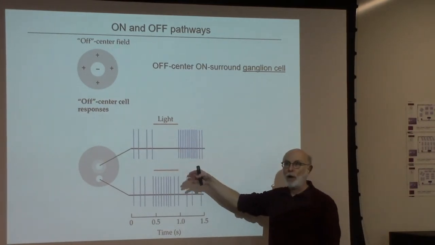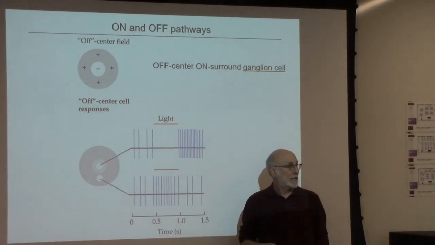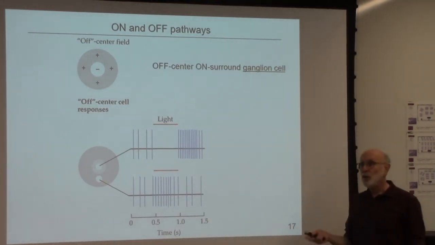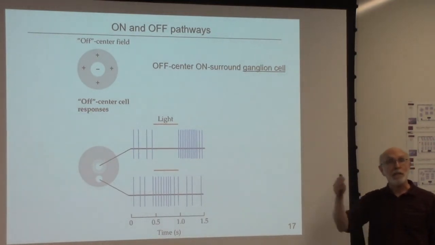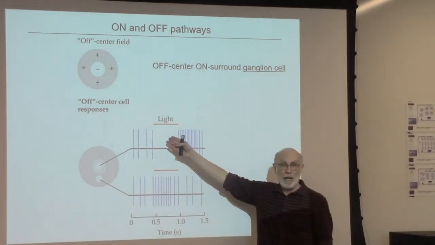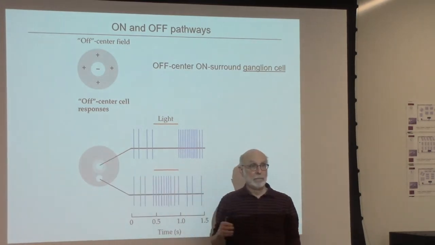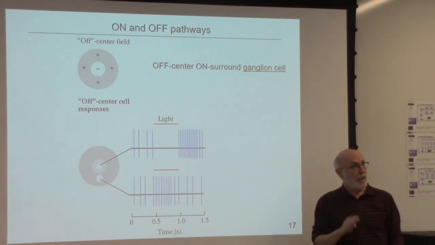So this would be called, for us today, an off-center ganglion cell. So two types of ganglion cells: ganglion cells whose action potential frequency is increased by light on the center, and ganglion cells whose action potential frequency is decreased by light on the center. By center, I mean center of the receptive field of that ganglion cell.